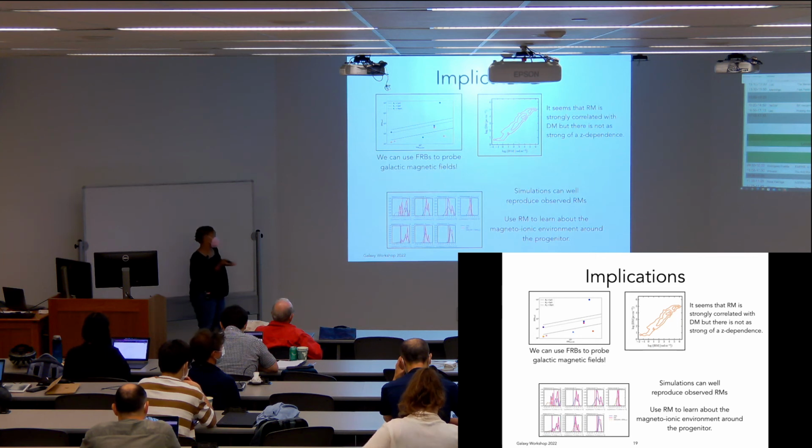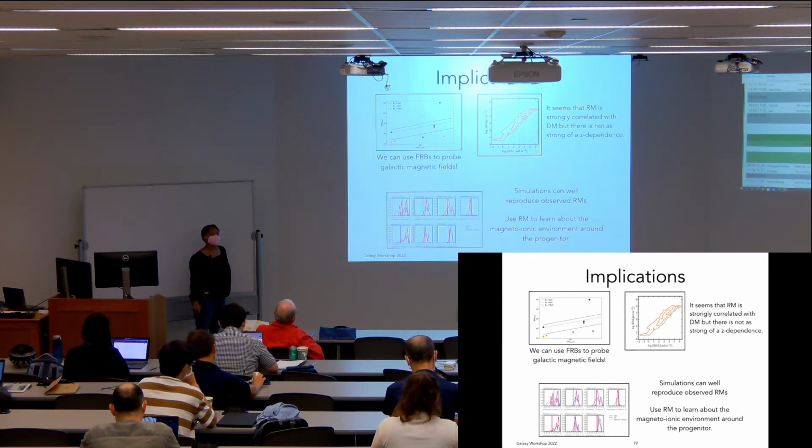Or there are other ways of making rotation measure maps. But in the simulations themselves, the field strengths can range from a few to tens of microgauss. So I think we need a bit more data to say how the observations trace that.